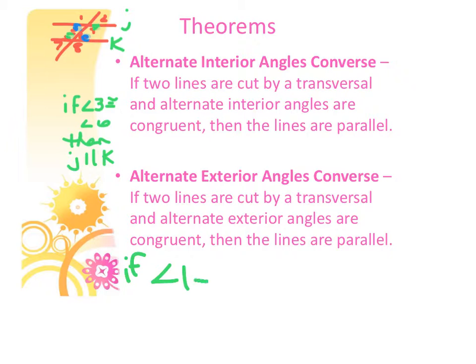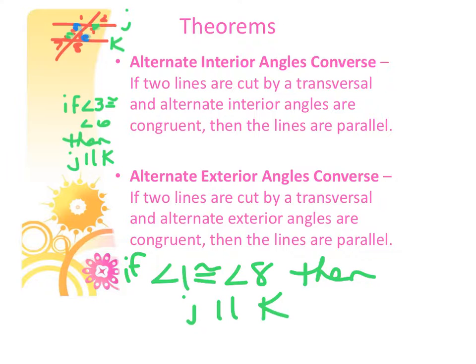So if angle 1 is congruent to angle 8, then J is parallel to K. So that is how you would prove those.